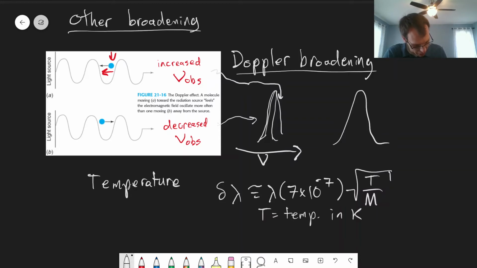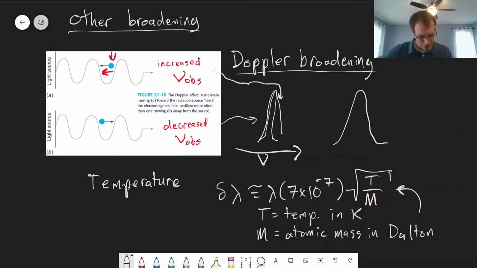And so we can see this directly depends on temperature. The higher the temperature, the broader the lines will be. And big M, in this case, we're talking about atoms, so the atomic mass in Daltons. Specifically for this equation here.